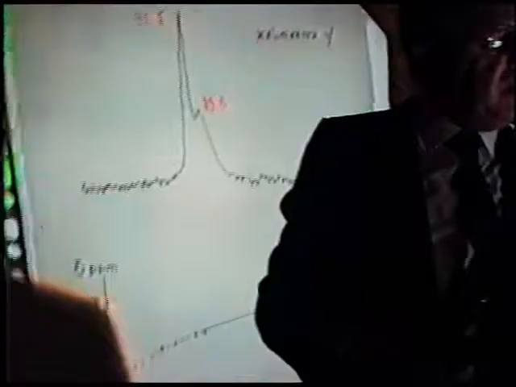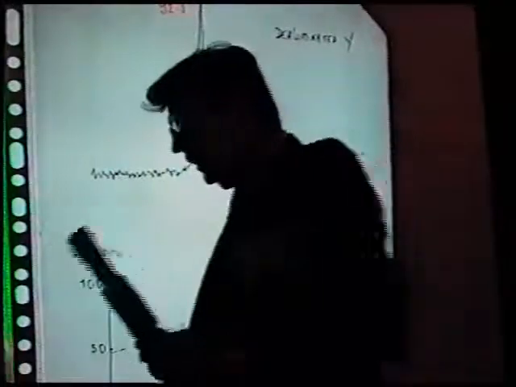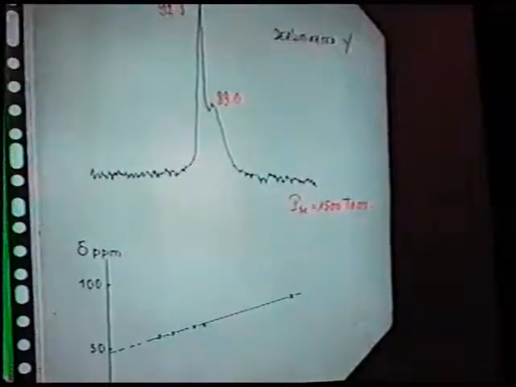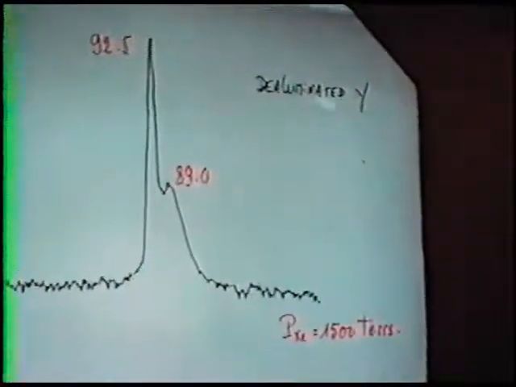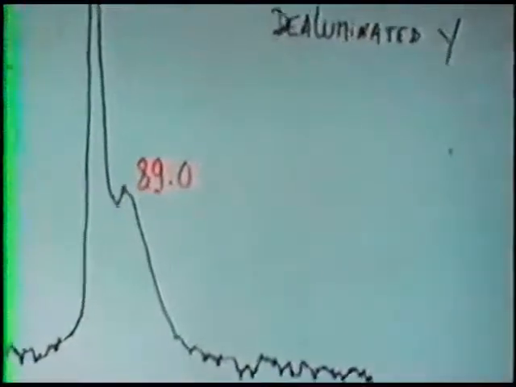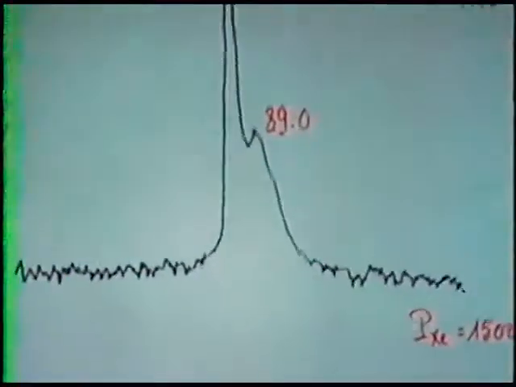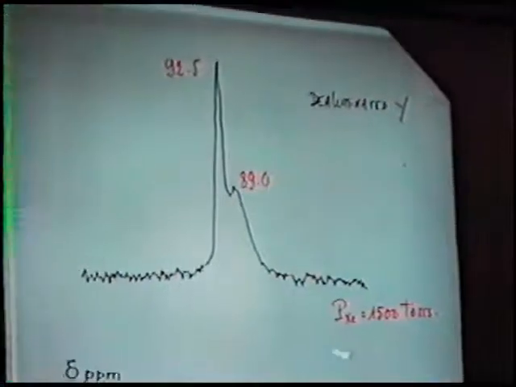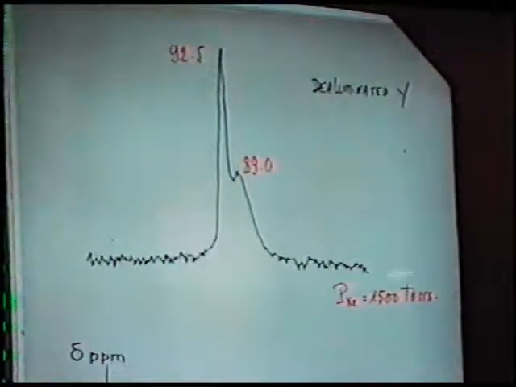You can also apply the technique for determining the structural defect. This is the Y zeolite which has been dealuminated, and we have here, for a given pressure, 150 torr, 1,500 torr.